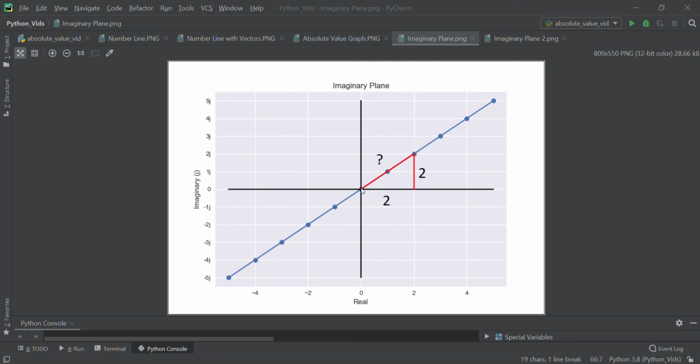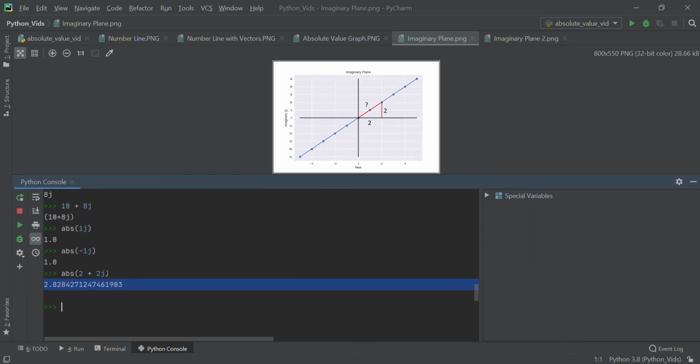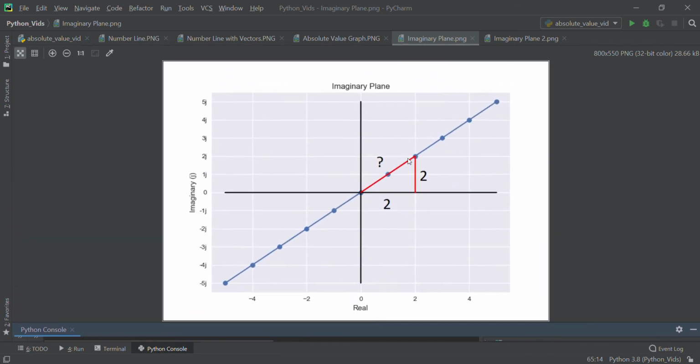This line segment is going to be the absolute value of our expression 2 plus 2j, because this is how far away it is from 0. To put it a different way, when we're asking our computer what's the absolute value of 2 plus 2j, we're asking it, what's the value of this line segment?